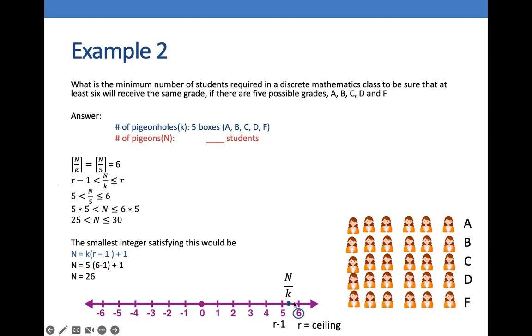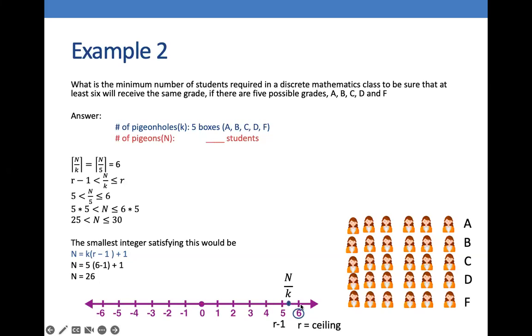You can think of it like this. We have the 6, the ceiling, in which at least 6 will receive the same grade, correct? Then r minus 1 will be 5, but we are not including the 5 here because the 5 is the ceiling of another value from 4 with additional fractions.